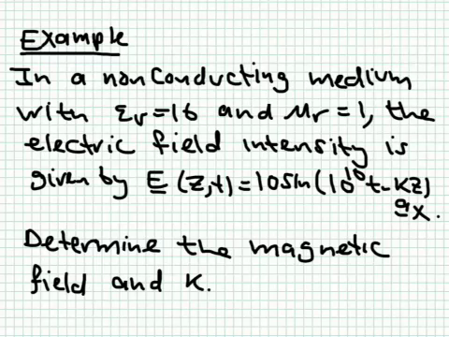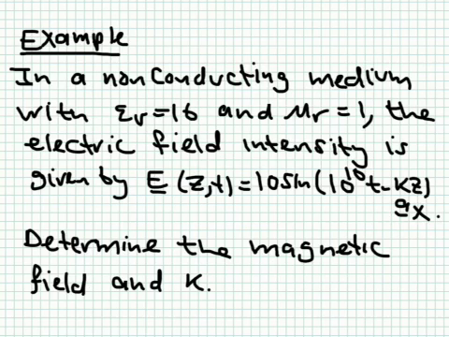Let's take a look at one example. We have here a medium that has epsilon r equal to 16, mu r equal to 1, and the electric field intensity is given by E of z and t equal to 10 sin(10^10 t minus kz) ax. So the electric field is time varying, changing with position z and time t, and it is polarized in the x direction.